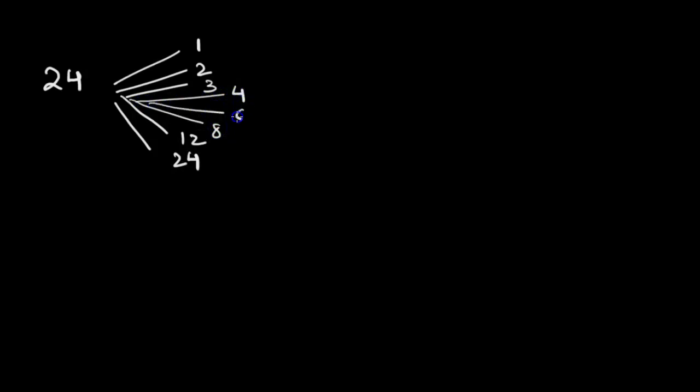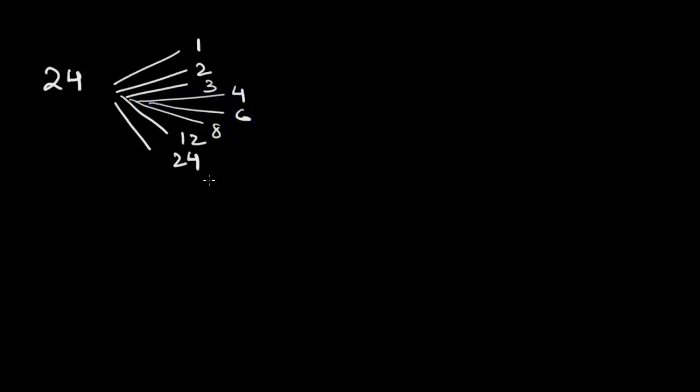Let's write down the factors of 24 just for the sake of practice. So 24 comes in the table of 1 at 24. 24 comes in the table of 2 at 12 because 2 times 12 is 24. Next, 24 also comes in the table of 3 at 8 because 3 times 8 is 24. 24 comes in the table of 4 at 6.